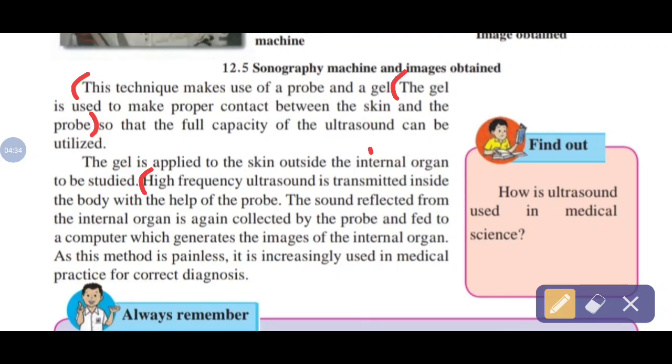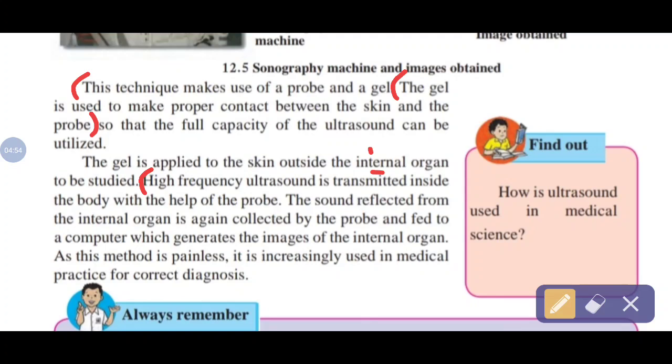Next paragraph. The gel is applied to the skin outside the internal organ to be studied. Not only one, whatever the different parts of the body. Clear?